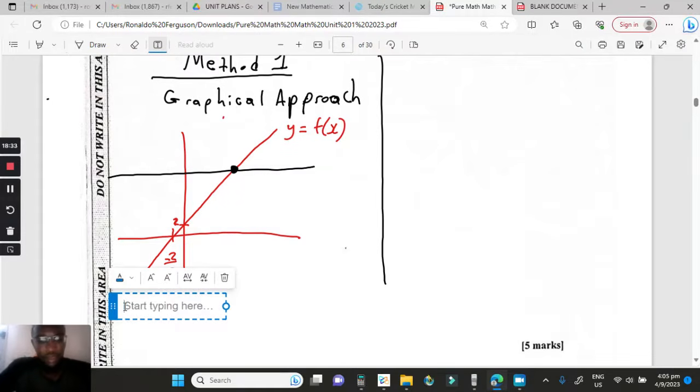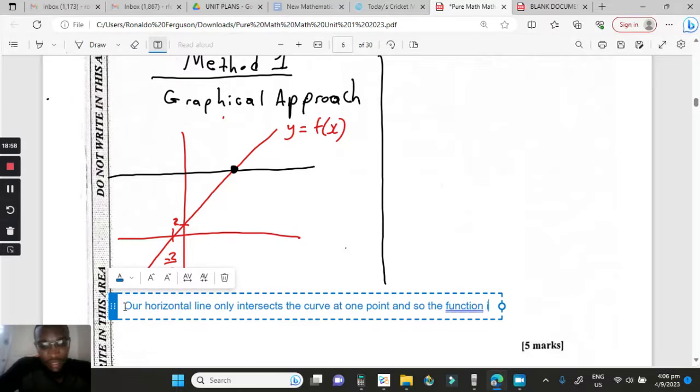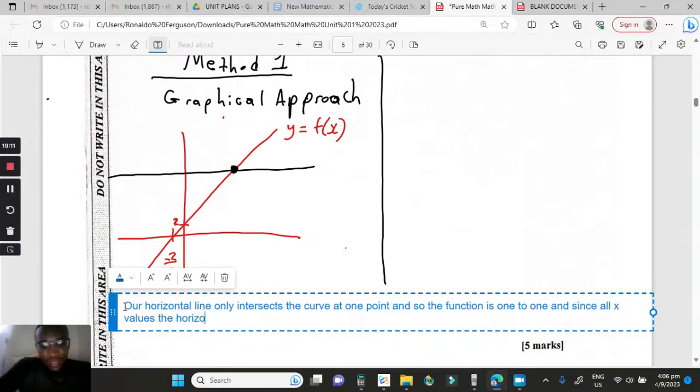So our horizontal line only intersects the curve at one point, and so the function is one-to-one, and since for all x values, the horizontal line test detects a y value and only one.